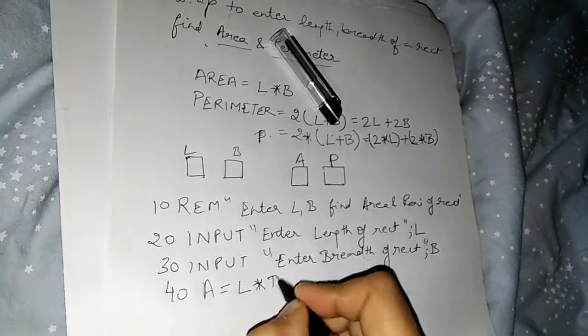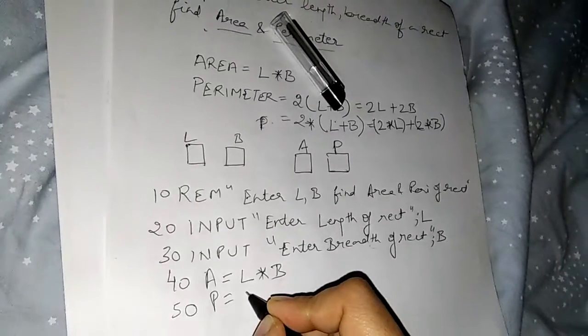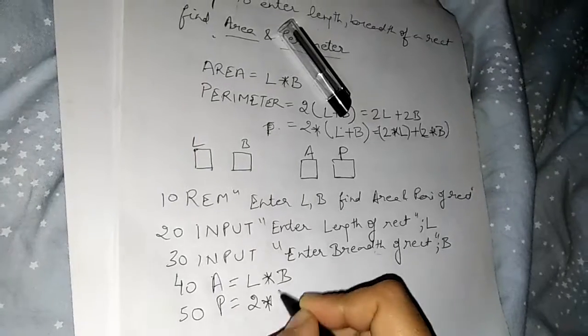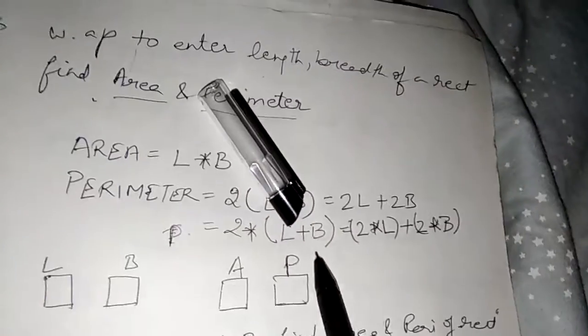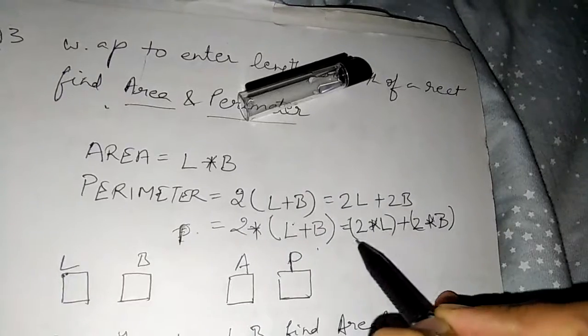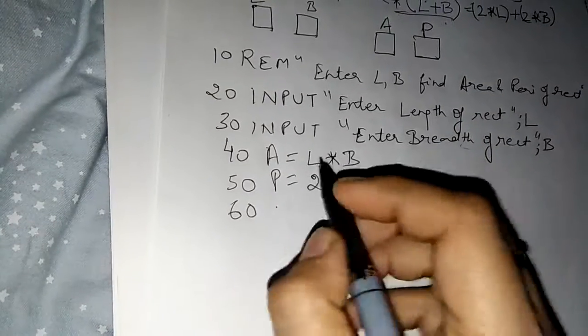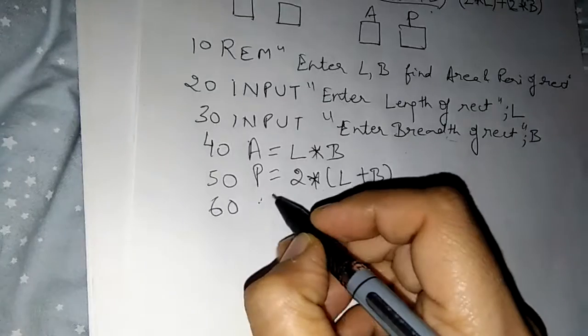Now after taking the inputs, the process part, application of the formula. A is equal to L asterisk B. The second formula, P is equal to 2 into L plus B in brackets. You can write either way, this formula or this one. I have taken this formula. Formula should be correct, format is not important.